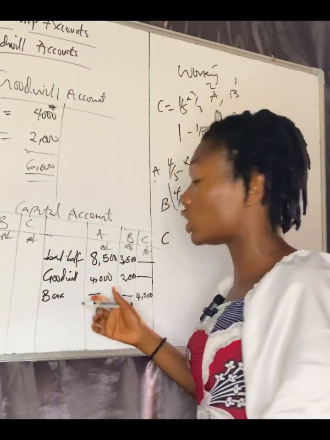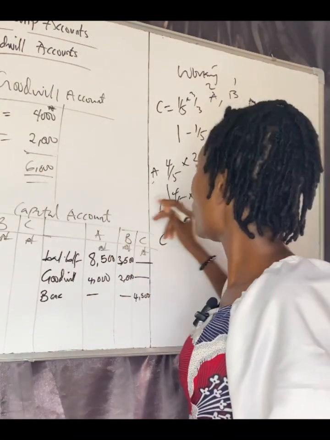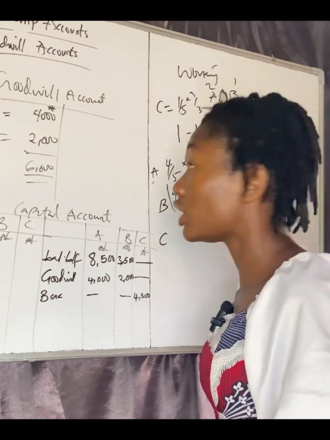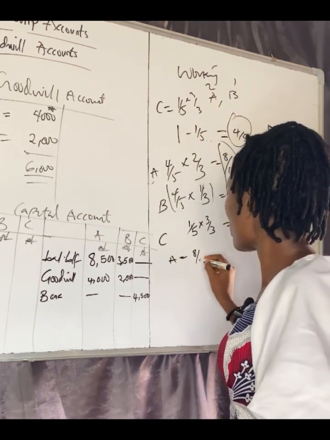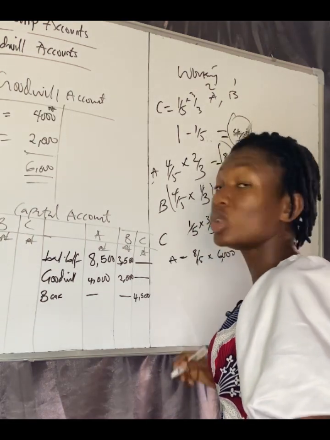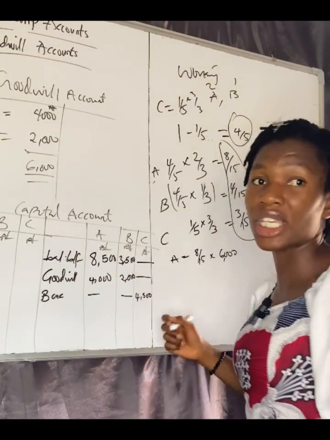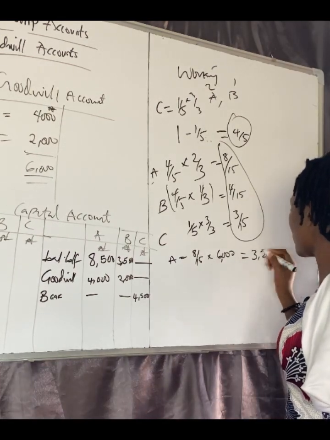So now we're going to be writing off goodwill practically. The value of our goodwill is 6,000, but we'll be writing it off in the new profit sharing ratio. For A, we're going to be writing off 8/15 times 6,000 naira, which will be giving us 3,200 naira.